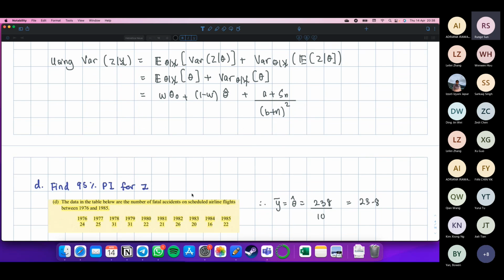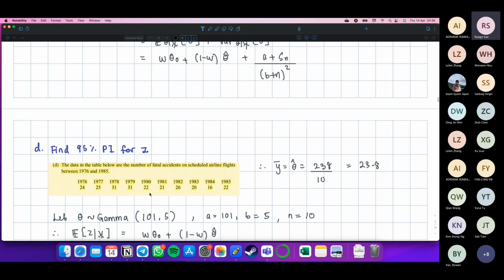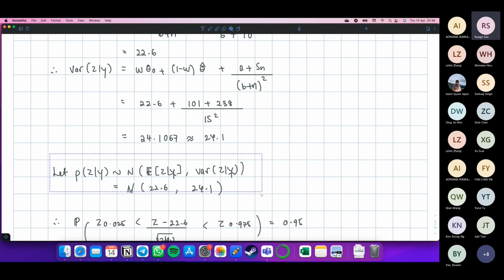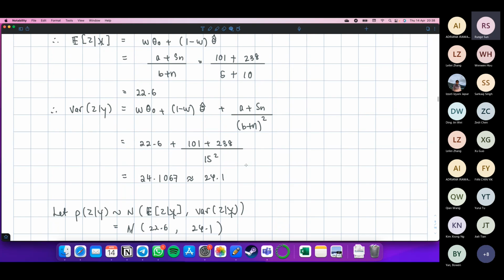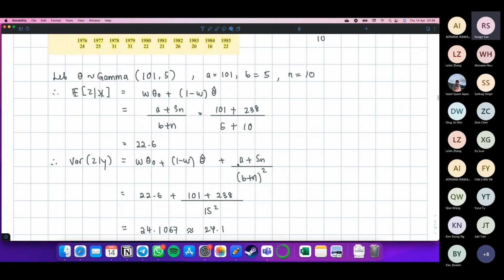Part D requires us to find the 95% predictive interval for Z. This part here is given by the question. The distribution is normally distributed with the mean and the variance that we found earlier. So to use this distribution, we first need to find the values of the expectation and the variance.